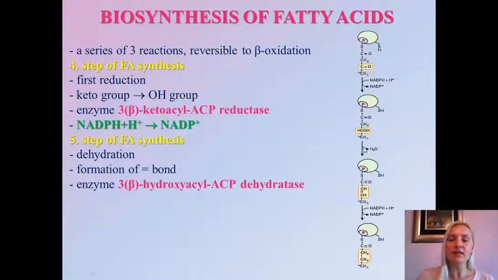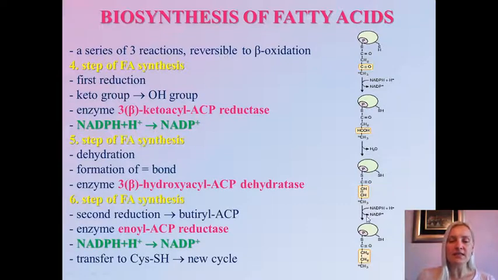The enzyme catalyzing this fifth step is beta hydroxyacyl dehydratase. The sixth step is the second reduction: this double bond is saturated, or hydrogenated, to give a single bond. The donors of reducing equivalents are again NADPH molecules, and the enzyme is enoyl ACP reductase.